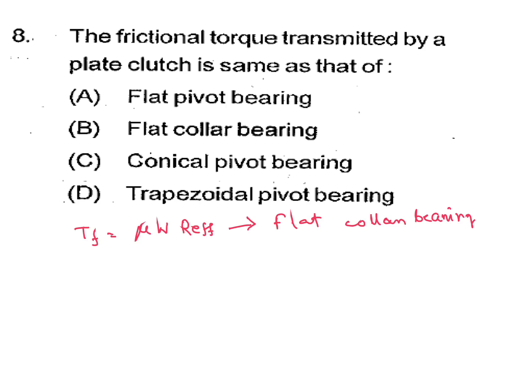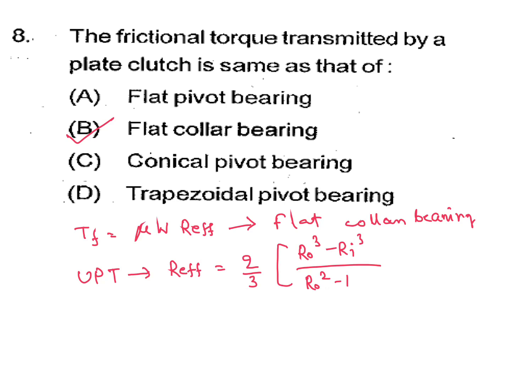So for uniform pressure theory, R effective equals 2 by 3 times (Ro cubed minus Ri cubed) divided by (Ro squared minus Ri squared).